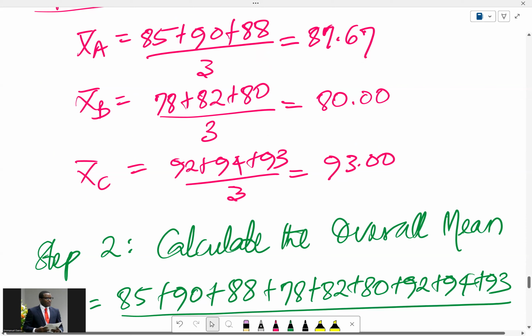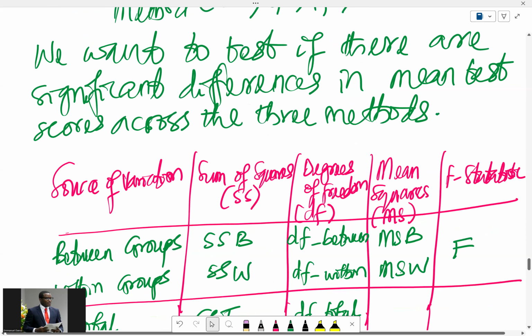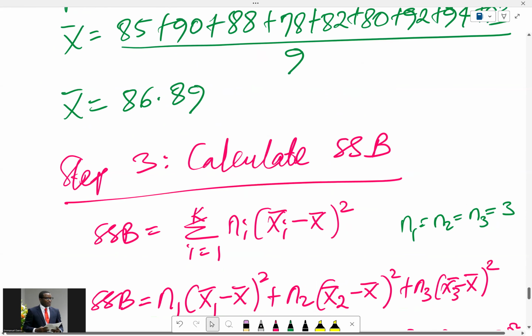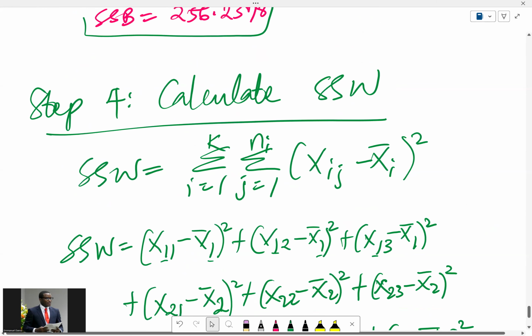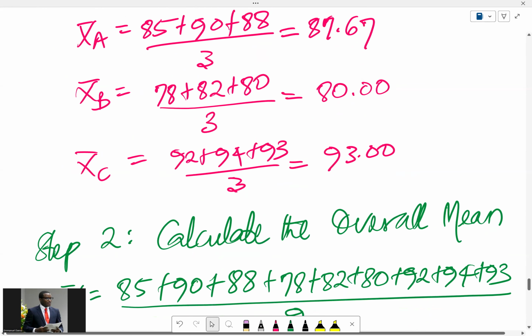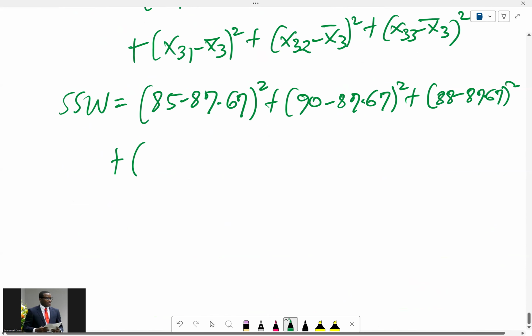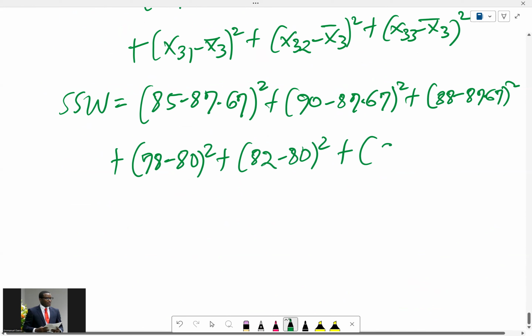For group 2, we have 78, 82, 80, and the average for group 2 is 80. So we have 78 minus 80 squared plus 82 minus 80 squared plus 80 minus 80 squared.